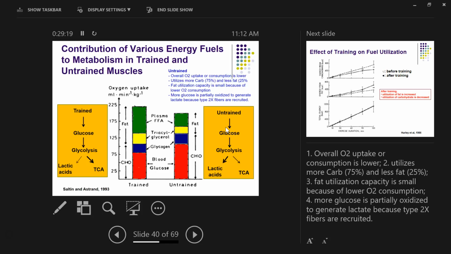The second thing is that the metabolism of carbohydrate glucose is different. Trained individuals are able to completely oxidize glucose, so they have less lactate produced because of their higher oxidative capacity. But the untrained have less oxidative capacity, so most of the glucose is partially oxidized and produces a lot of lactate, right?